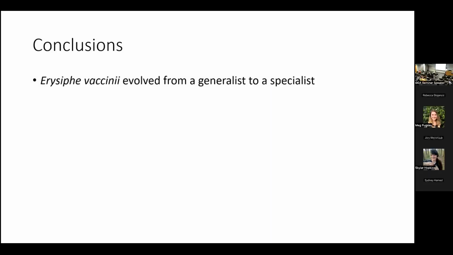So in conclusion, Yersinia vaccinii. This is actually work that was done by a professor here, Ignacio Carbone. He was really helpful with all this population genetics work that we did and that I didn't show you. But we showed that powdery mildew evolved over hundreds of thousands of years from a generalist, so it was able to infect all these different species, to a specialist.